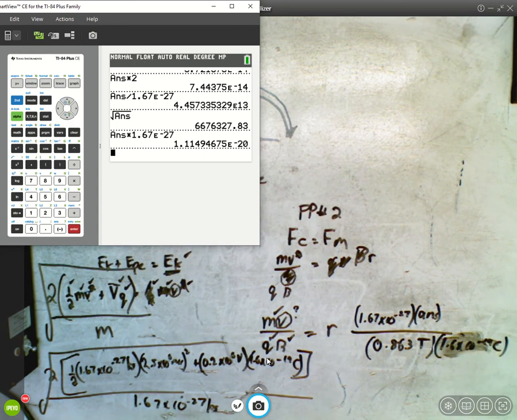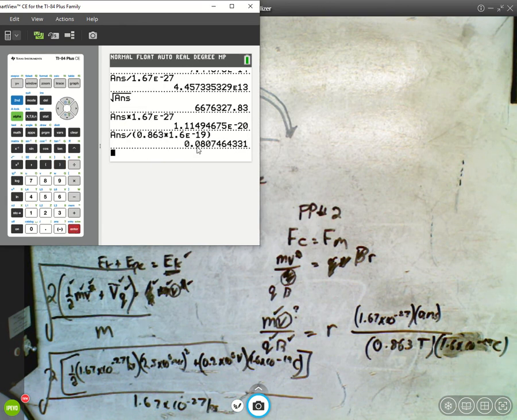Yeah, I erased it with my finger there, so that's why it wasn't there. There we go. So that's the top, and then I'm going to divide it by 0.863 and multiply that by 1.6 times 10 to the negative 19. And I get, yeah, about 8 centimeters.